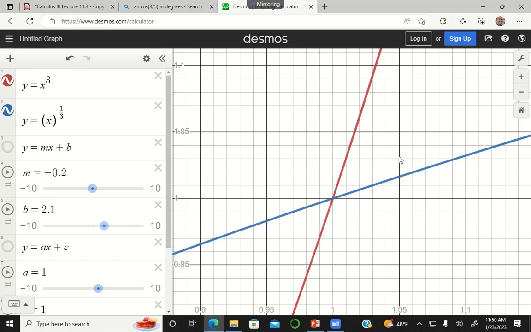Here's a vector where I go 1 in the x direction and 3 in the y direction. So there's a vector called u. And then here's another vector where I go 3 in the x direction and 1 in the y direction. So it would be like this.